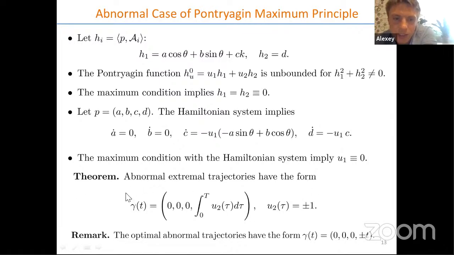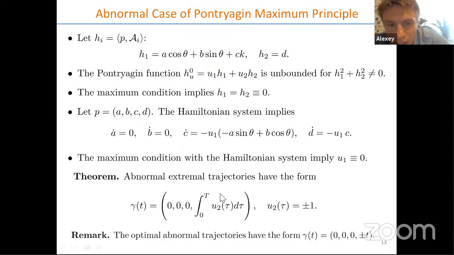Abnormal extremal trajectories have the following form. So x, y and theta are constant, they are 0, but we have a change of curvature, which can be done in different directions, I mean, increasing or decreasing. And here for extremal trajectories, u2 can switch from +1 to -1 infinitely many times.